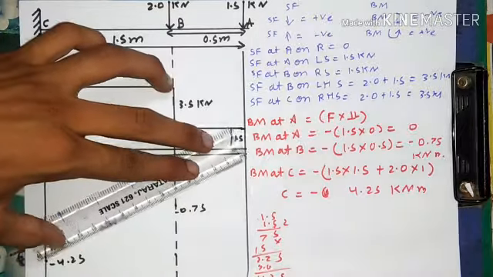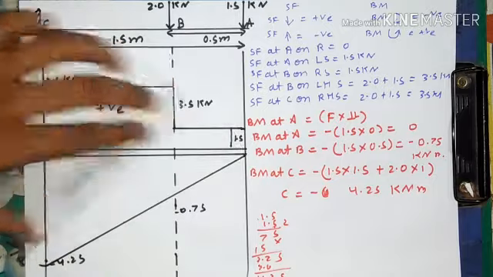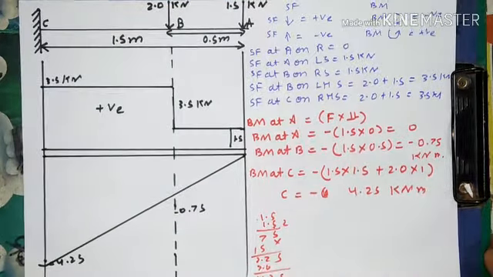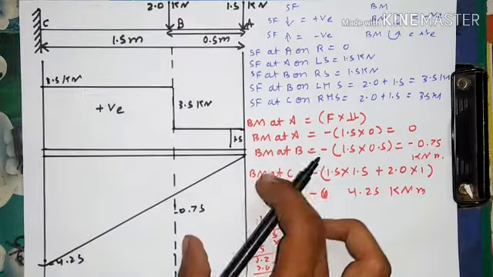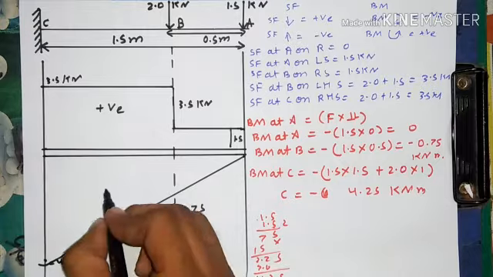This line is drawn. So this is a question of shearing force and bending moment diagram. Thank you for watching this video. This is also a negative value.